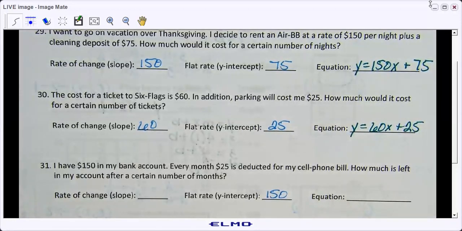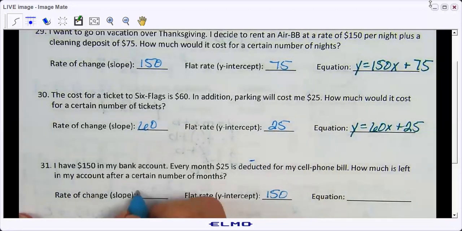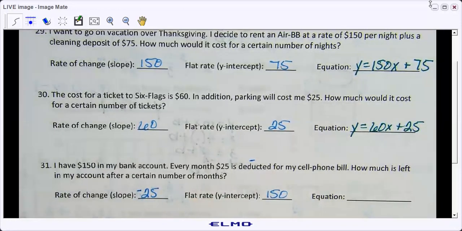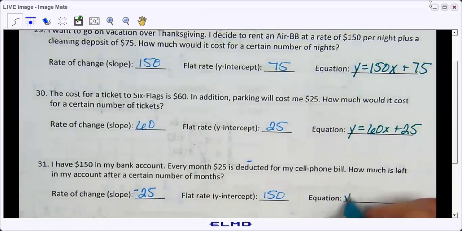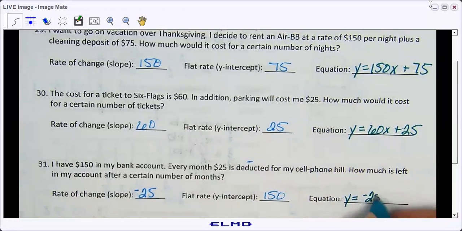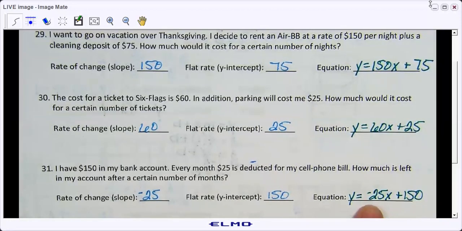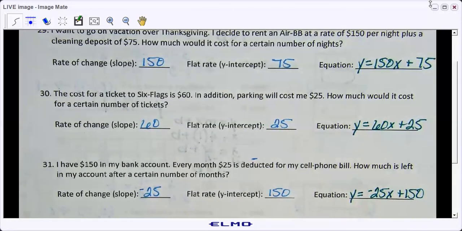Now, deducted means that that's going to be a negative slope. So the way that you would write this one is y equals negative 25x plus 150. Because you're taking that 150 and you're subtracting $25 every month.